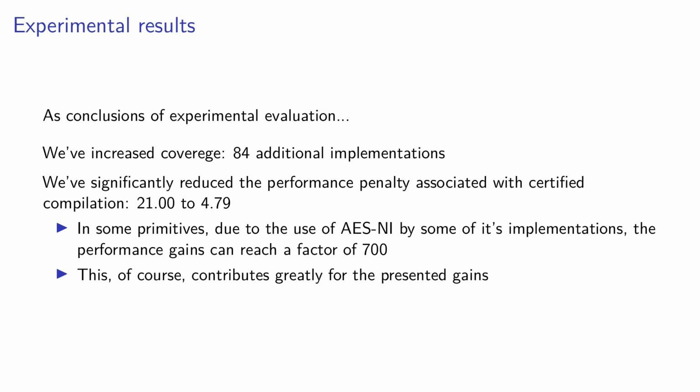And from our experimental evaluation, we can conclude that intrinsics are in fact a missing feature for the cryptography domain, given that we were able to simultaneously increase the coverage and lower the performance penalty with the proposed extension.